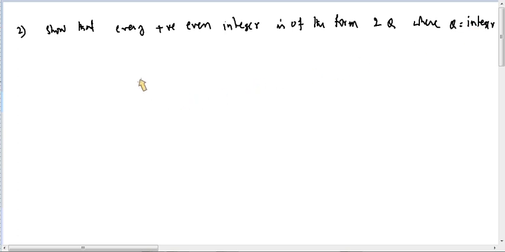So this is the problem. Show that every positive even integer is of the form 2q, q is an integer, right?